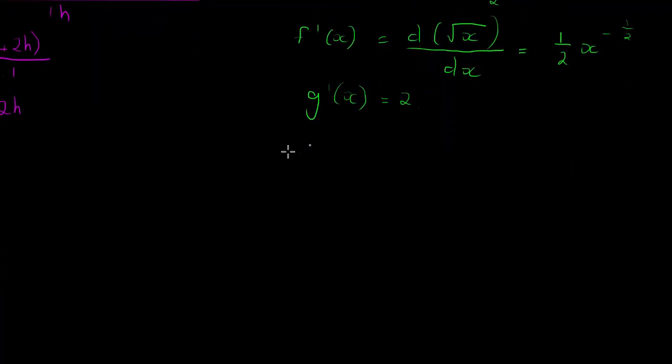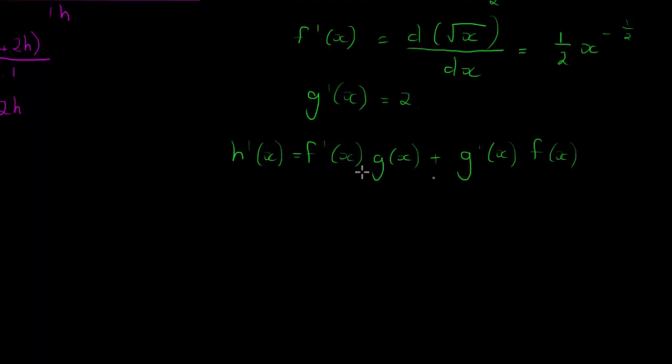So if we substitute that in, this is now the expression they want me to show is equal to the derivative of h. This is called the product rule.